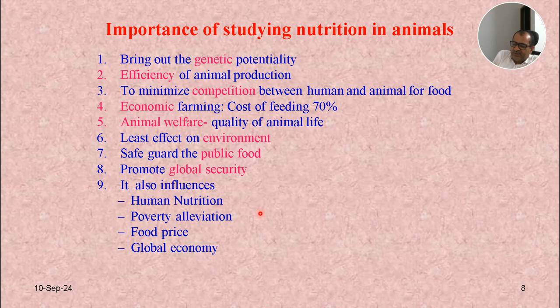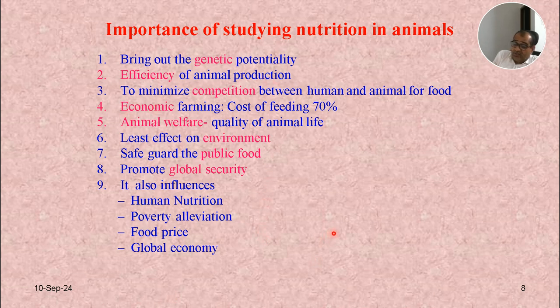And apart from this, he will also purchase mutton, chicken, pork, etc. So all these are very important in human food practice, and by studying the nutritive value of different foods, we will know this.